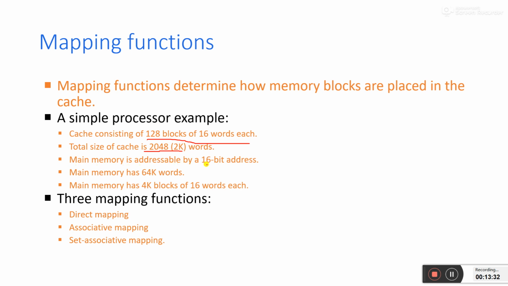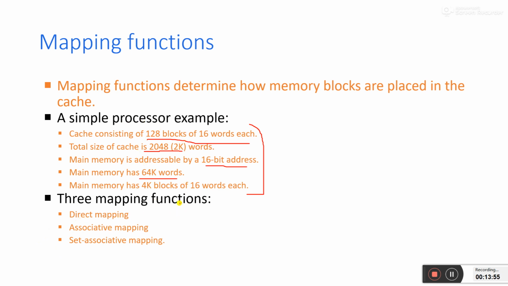Main memory is addressable by means of a 16-bit word address, so main memory has 64 kilowords, which is 4 kilo blocks of 16 words each. That is how we can determine how many blocks can be held by the cache memory.